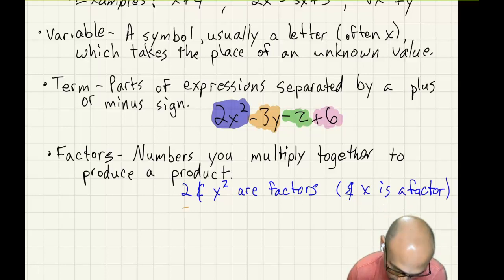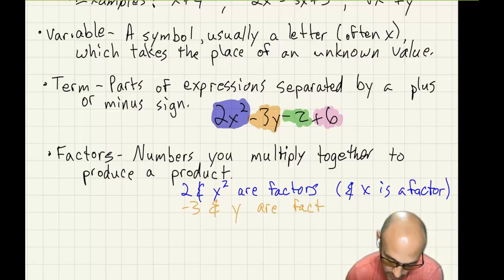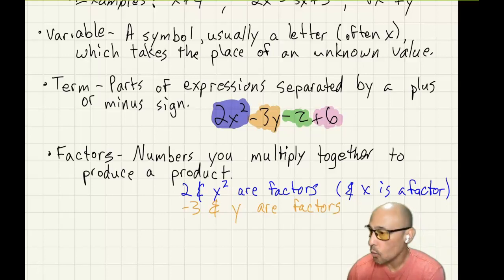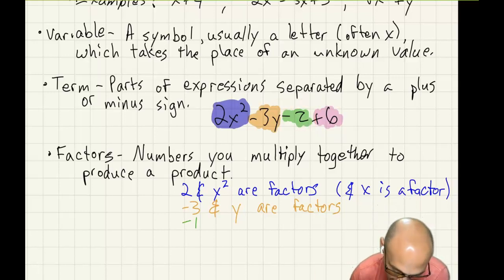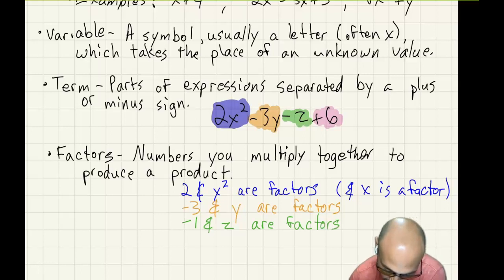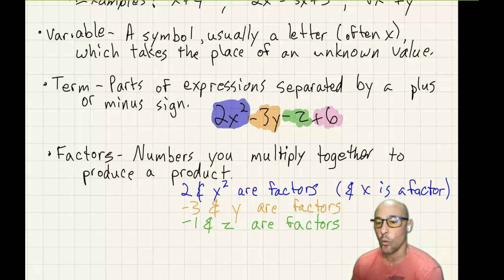Negative 3 and y are factors. When you look at this one, subtract z, you may think there aren't any factors, but actually negative 1 and z are factors, because if there's no number listed in front of a variable, it's actually a 1, in this case a negative 1.